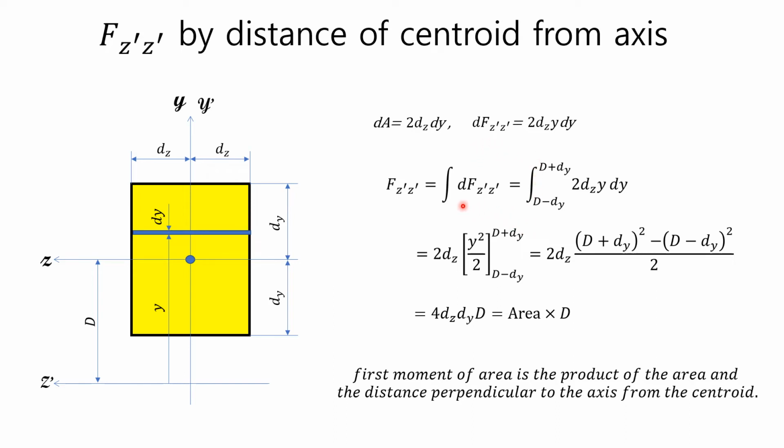Integrating dFz prime from d minus dy to d plus dy, we can get the result, a product of area and d, because the area is equal to 4 dz dy. Therefore, we have proved the first moment of area is the product of the area and the distance perpendicular to the axis from the centroid.